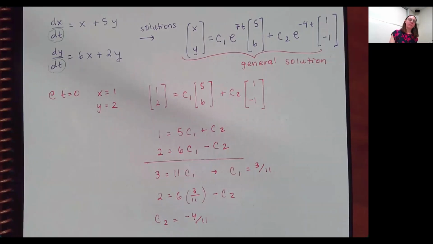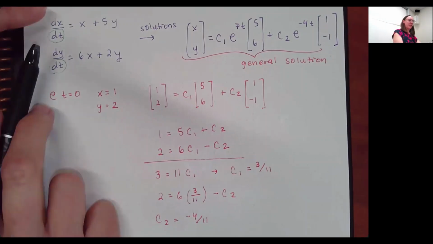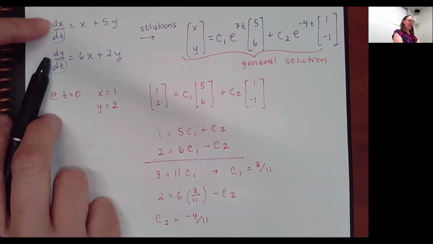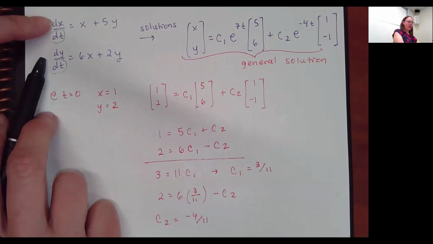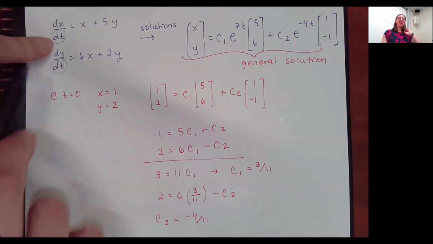This is telling me that the only variables that can be involved in my system are x and y. I just can't have a t. I can have constants, I can have x's and y's, but I can't have a t in terms of it being autonomous.